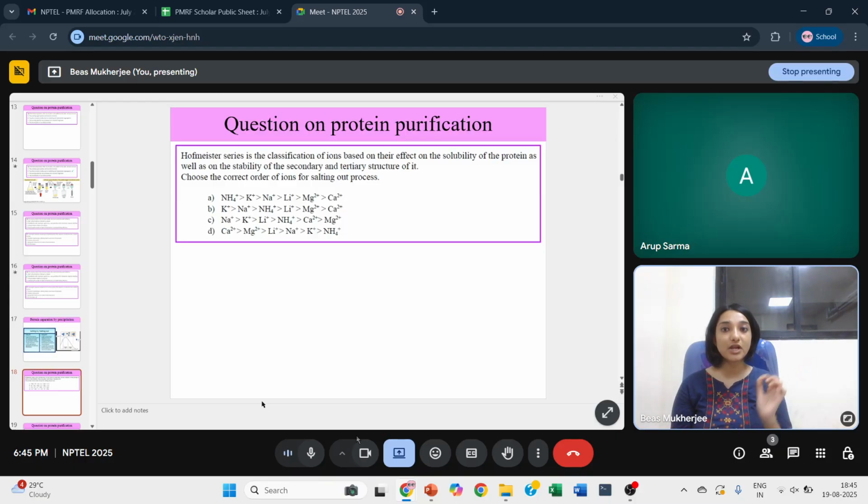So choose the correct order of salts for the salting out process, right? So it is given here. For salting out, which order do you think would be the right one?